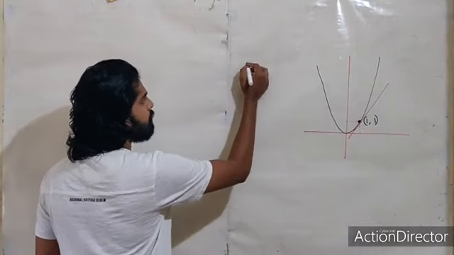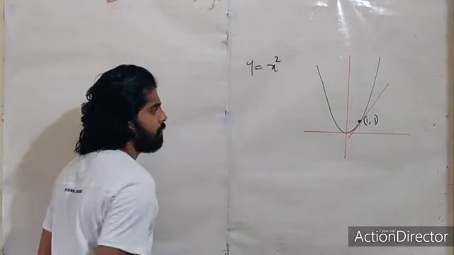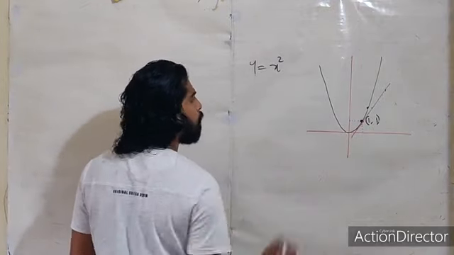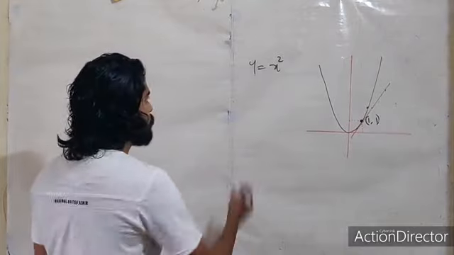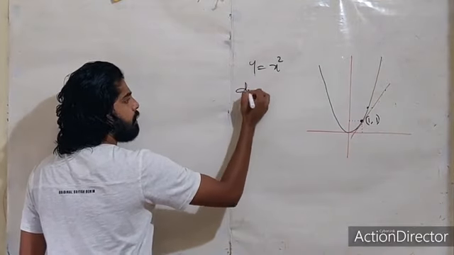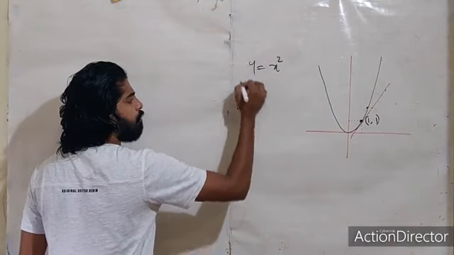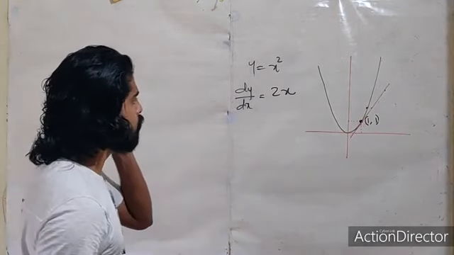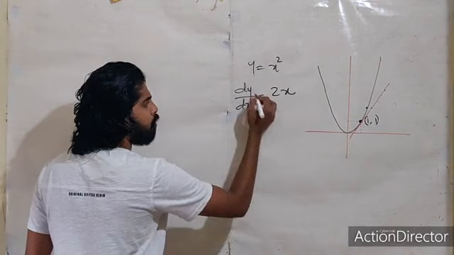So the equation of the curve is y equal to x square. In order to find the slope of this tangent at this point, we need to differentiate. So dy by dx, the derivative of y, is equal to 2x. We need to find the slope of the tangent at the point (1, 1).